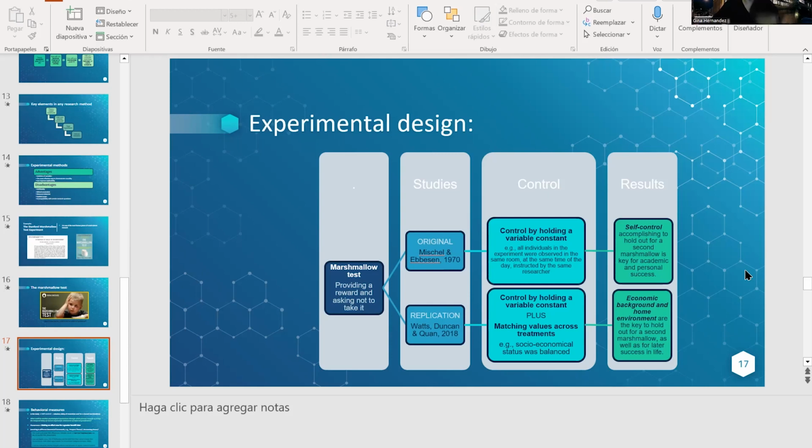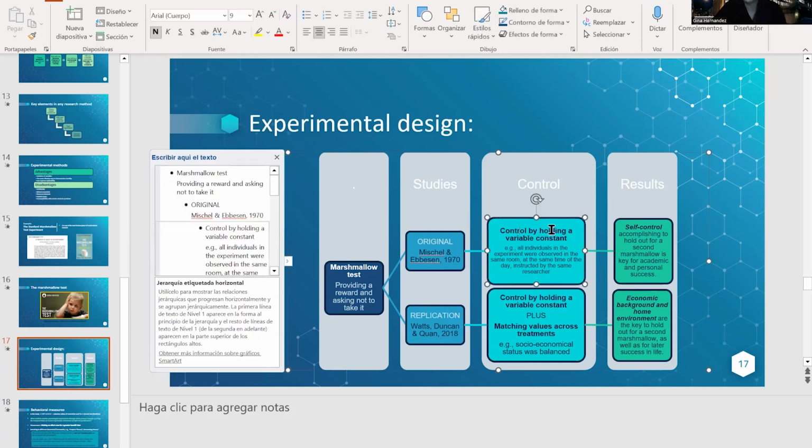This is why it was so interesting, and I guess very painful for Michel after publishing his book in 2015. So now we know that the findings don't have to do with self-control, because the second team, Watts, Duncan, and Kwan, were more careful. Mitchell was controlling for confounding by holding the variable constant.